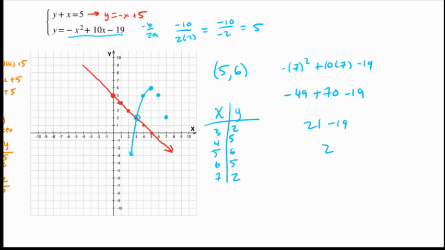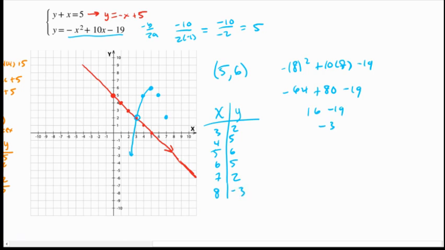So I'm going to extend both my red line here and see where my blue line keeps going. So I'm going to plug in 8 next and see what I get. Negative 64 plus 80 minus 19. So this becomes 16, and that's negative 3.